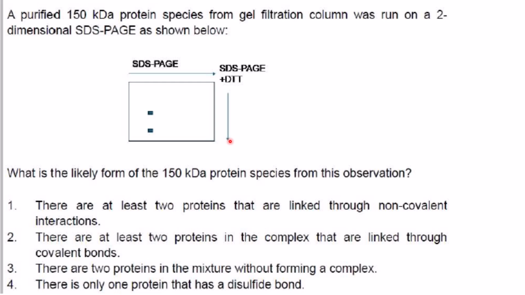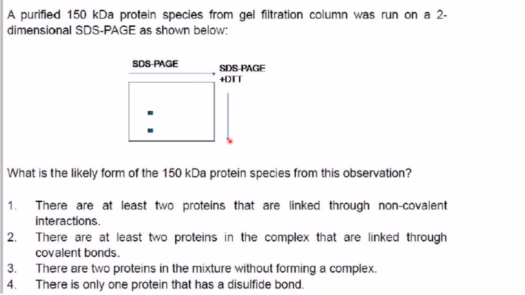No, here in the question the first dimension is SDS page and the second dimension is SDS page plus DTT. So whatever you know regarding isoelectric focusing and SDS page two-dimensional gel electrophoresis, keep it aside for the sake of this question.